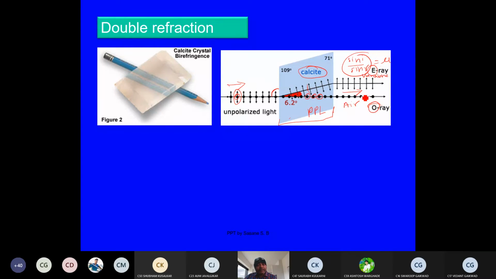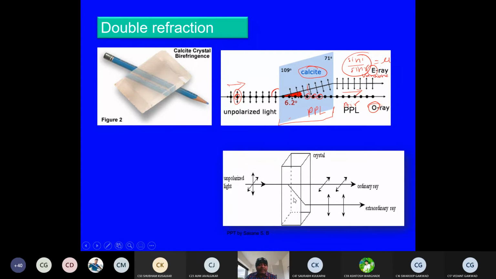But still they will be plane polarized light and they will have vibrations perpendicular to each other. So this is the difference between the O ray and E ray.